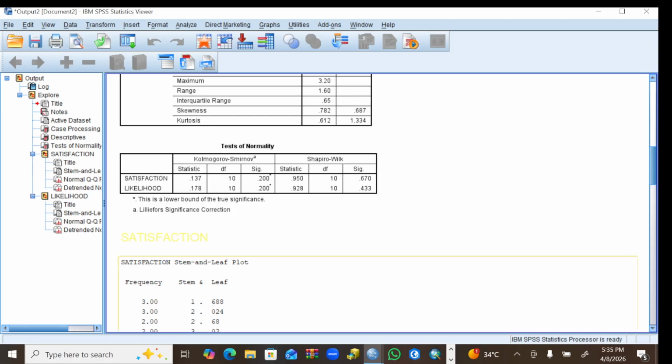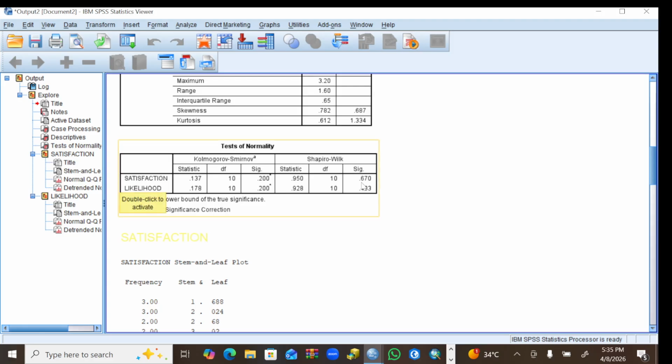For the normality test, you have satisfaction, and then you have the likelihood. These are the statistics, the degrees of freedom, and the significance. For the Kolmogorov, we're not going to explain anything because our data is less than 100, so I will just concentrate on the Shapiro-Wilk here.